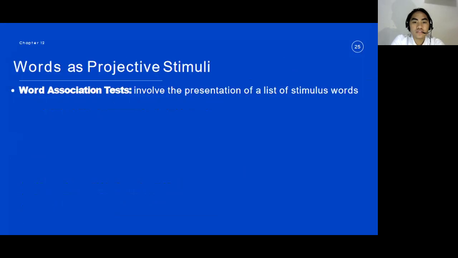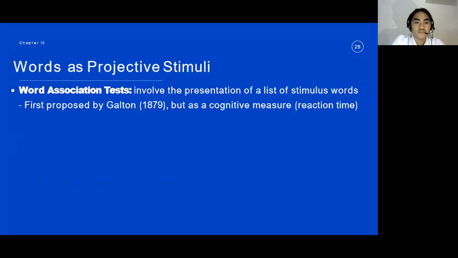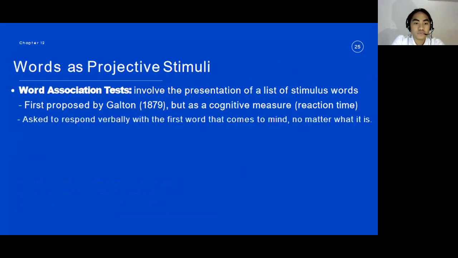So the word association test involves the presentation of a list of stimulus words. It was first proposed by Galton, but he wanted to do it as a cognitive measure of your intelligence. So, how verbally expressive are you? In fact, we still use those types of verbal fluency tests in cognitive studies now.